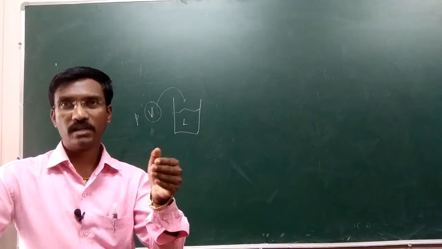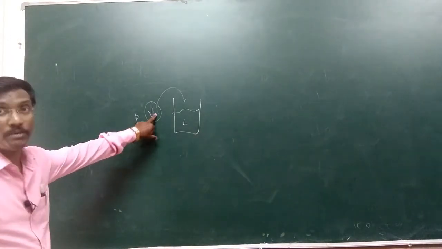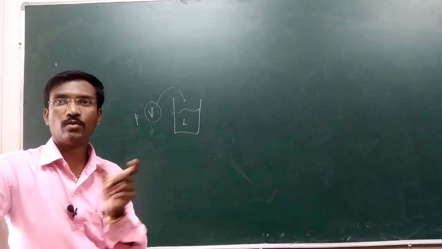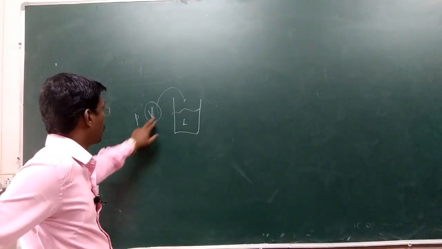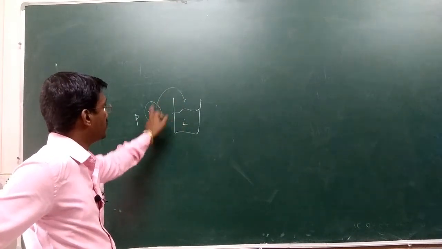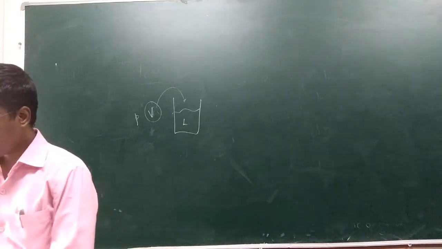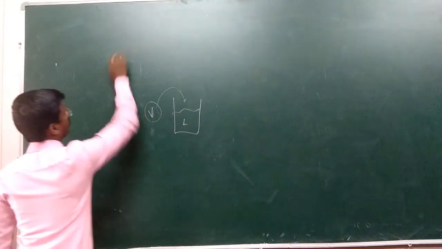Here we are applying pressure on the vapor. I think you can understand the difference between gas and vapor. So here we are applying the vapor pressure. How will these dissolve in a liquid? This can be explained by Raoult's law. R-A-O-U-L-T, Raoult's law.